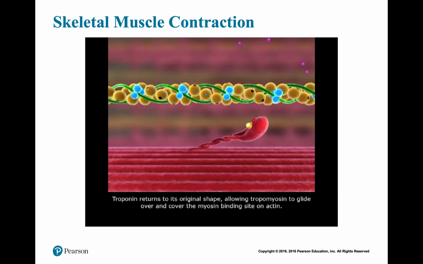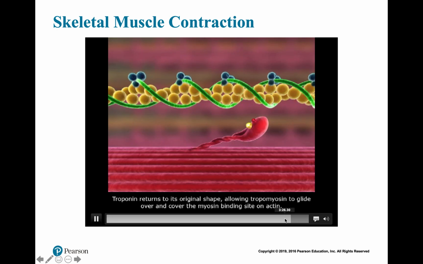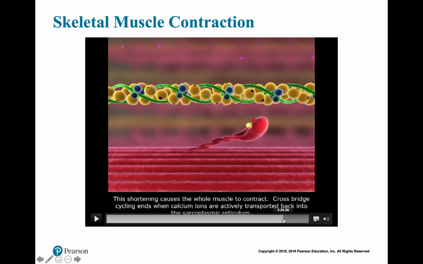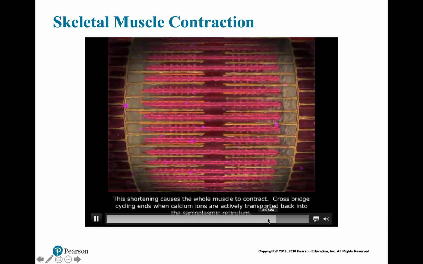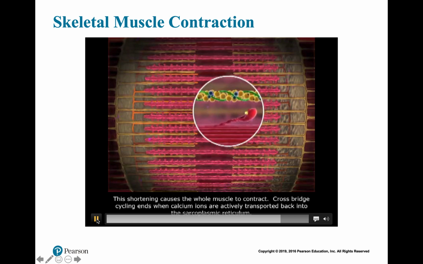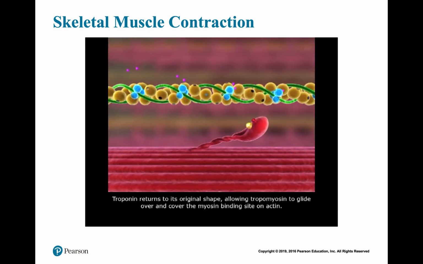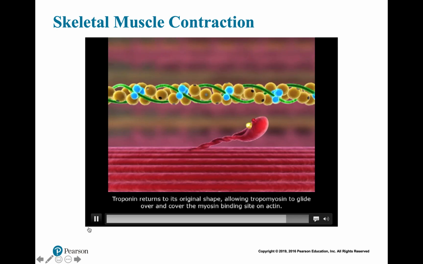Troponin returns to its original shape, allowing tropomyosin to glide over and cover the myosin binding site on actin. Okay, so let's watch that again. Calcium is being actively transported back into the sarcoplasmic reticulum. No more calcium is present. Troponin returns to its original shape.